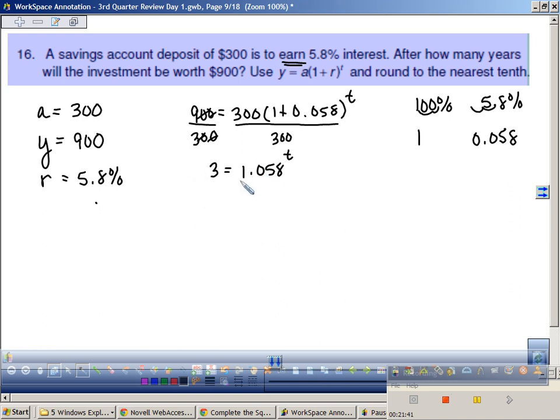Yeah? So what's my base? 1.058. What's my exponent? 3 is my exponent? You get the same place, right? What's my exponent? Put this on your paper when you do this: log, space, box, equals exponent.